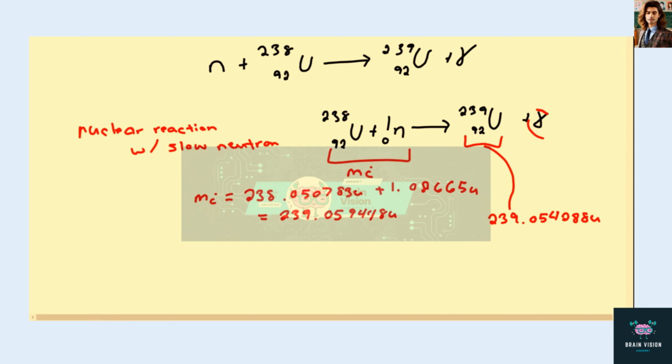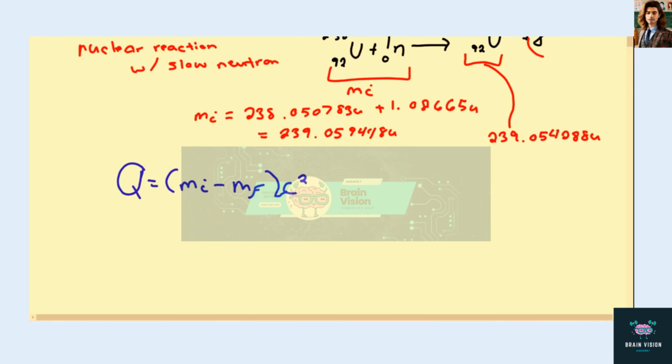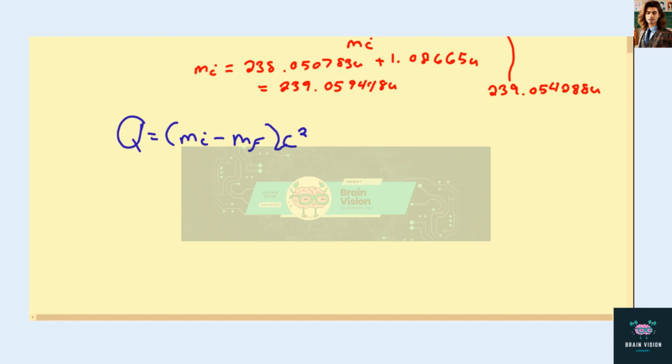So now we can use this equation. We have the Q value equals M initial minus the M final, and then speed of light. Okay, let me just scroll down. There we go.